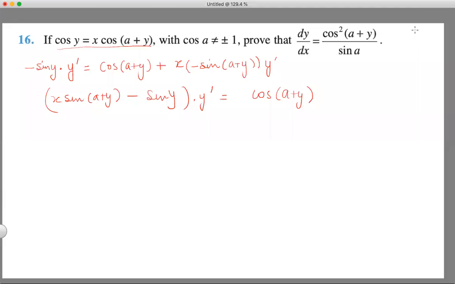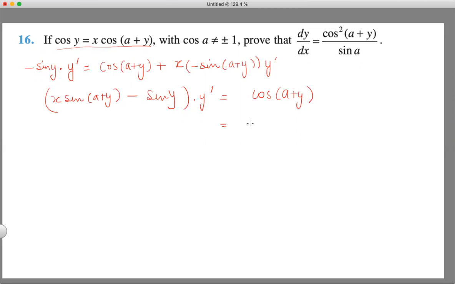Now we should look for some idea from the question itself, because we have to get it in this form. So you see, we can see there is a cos square here, right? Now that can give us an idea. The idea is that we multiply both sides by cos a plus y, right? So we will do that.